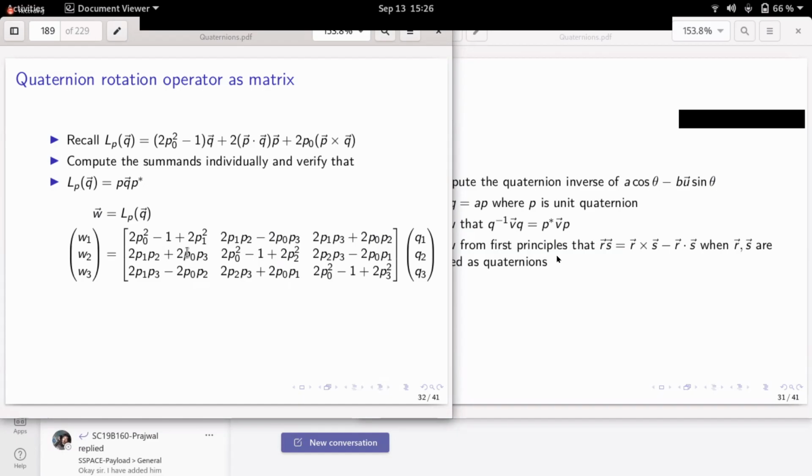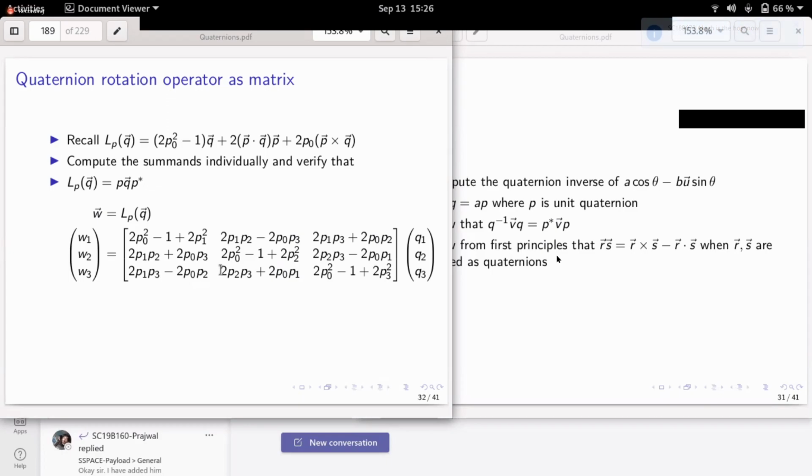If you subtract one from another, you can notice that 2p1p2 plus 2p0p3, that is the second row first element, minus 2p1p2 minus 2p0p3, you will get only 4 times p0p3. Similarly, with the third row first element and first row third element, you can remove the 2p1p3 term, so you will get 4 times p0p2. So only that p0 term can be retained by doing such off-diagonal operations.